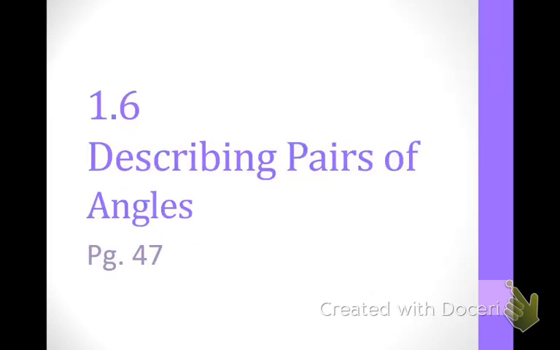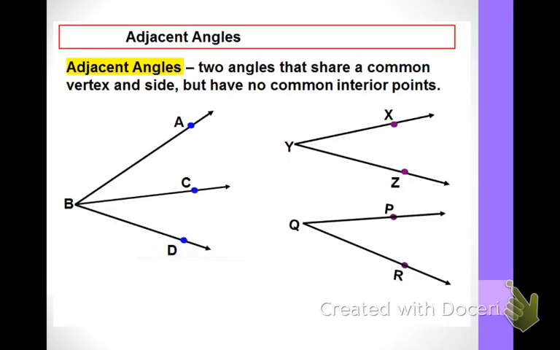So adjacent angles, here we are. Adjacent angles, two angles that share a common vertex and side, but have no common interior points.